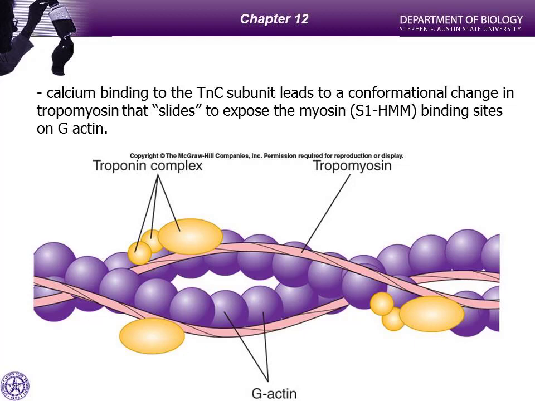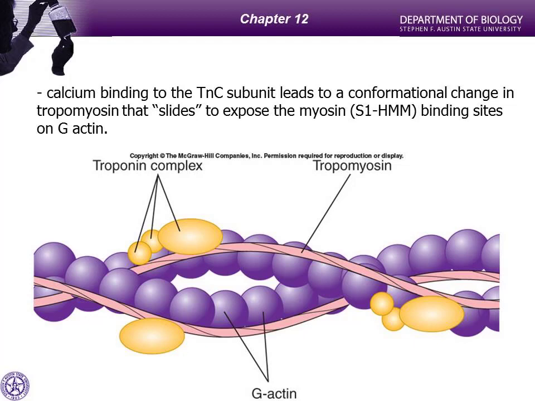Calcium floods into and around all our myofibrils, binds with troponin C, causes a conformational change in shape. Myosin now can get with actin, and as long as we have ATP, we're going to start contracting the muscle until the action potential stops signaling.